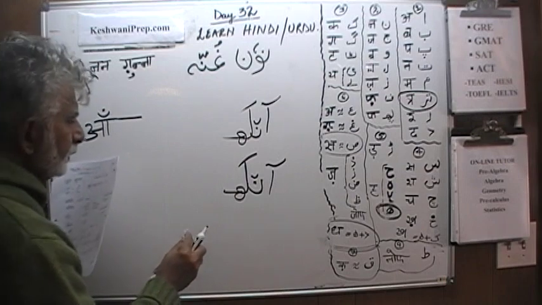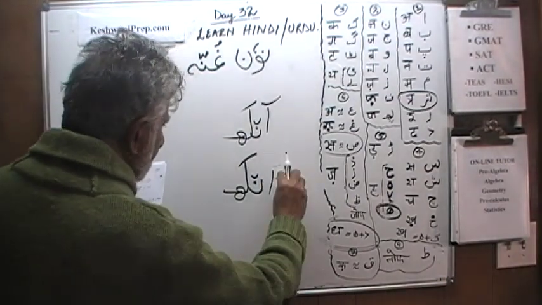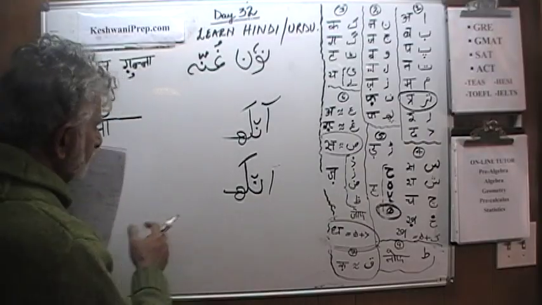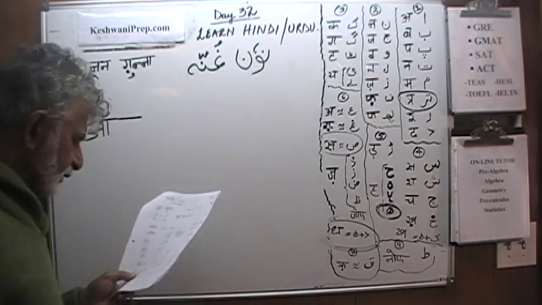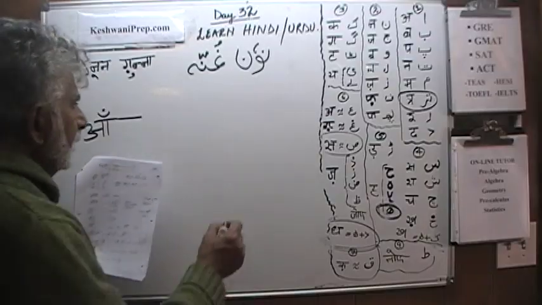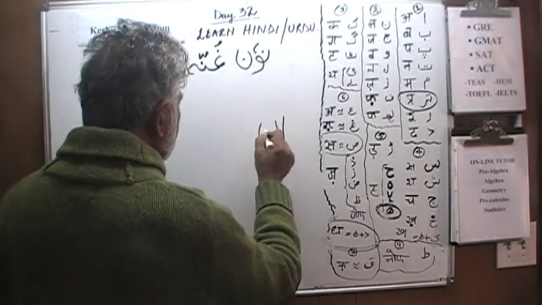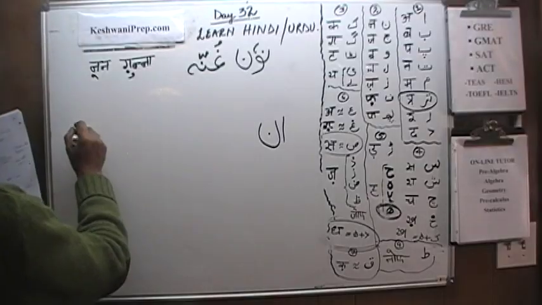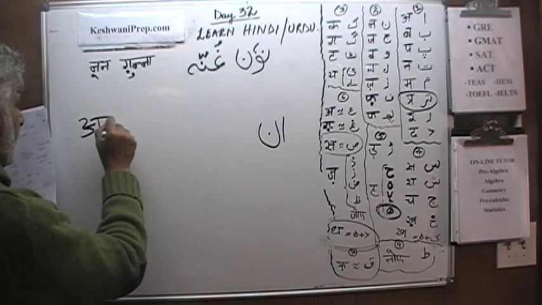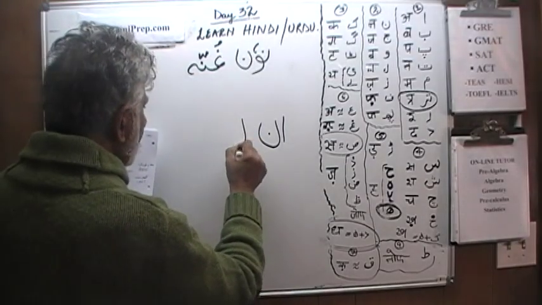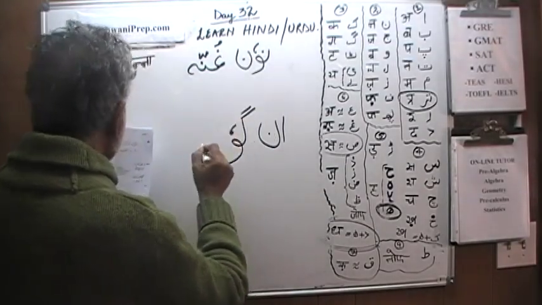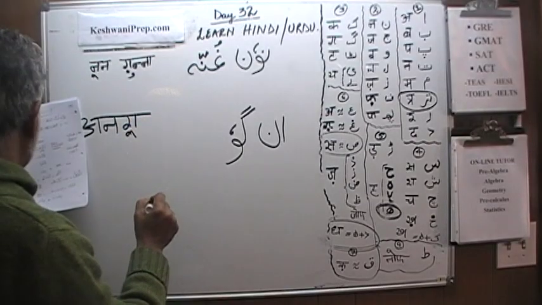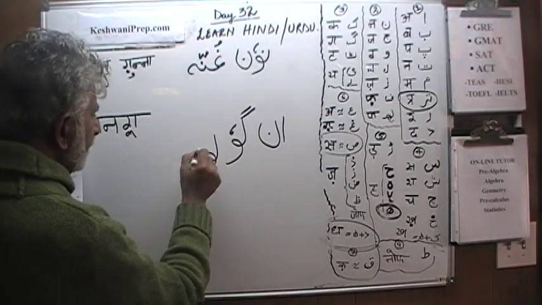Let's first write in Urdu. So far we have ank. It's simpler to start from scratch. So we have an, then we have a gu, badi u ki matra, gu, then we have a tha.